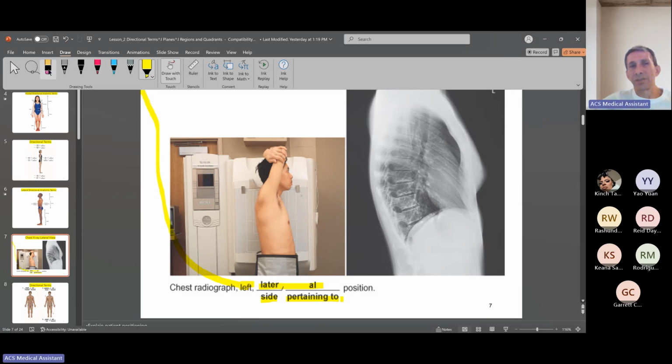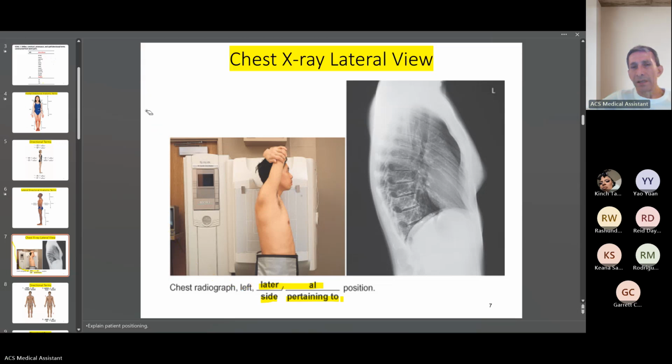We just need to understand that that's how it works. But we need to use the correct terms so we can understand the orders that the doctor is giving us when they instruct us to do certain evaluations in certain areas of the body.